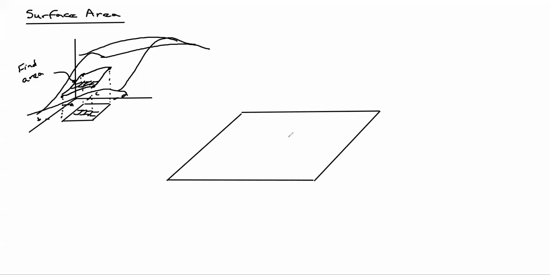All right, so this is the little rectangular box that's directly beneath the surface. From there, we go up, hit the surface, go up, hit the surface, and so on.